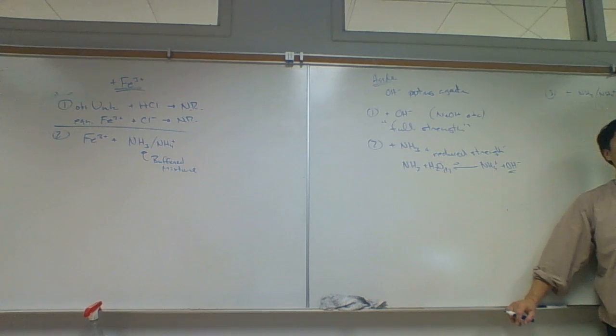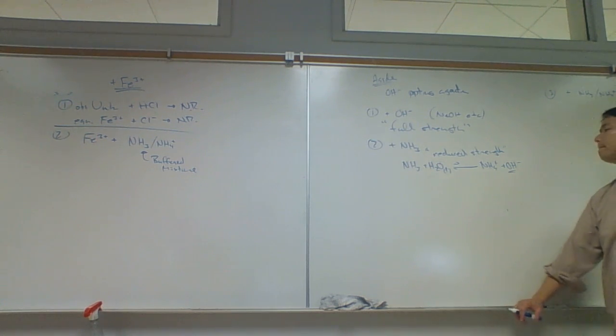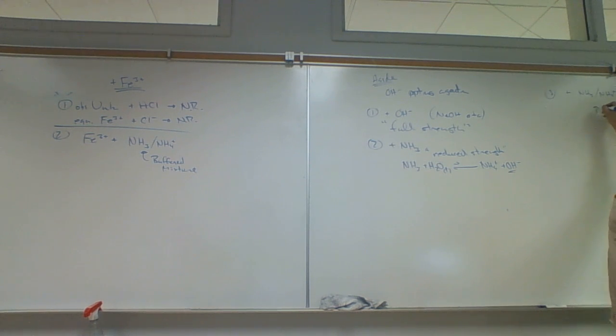It's going to shift it left. And so by increasing the ammonium concentration, I'm going to shift to the left, further reducing the hydroxide. And so this is the weakest. And it depends on how much ammonium you add. The more ammonium you add, the weaker it is in terms of hydroxide concentration. Weakest.